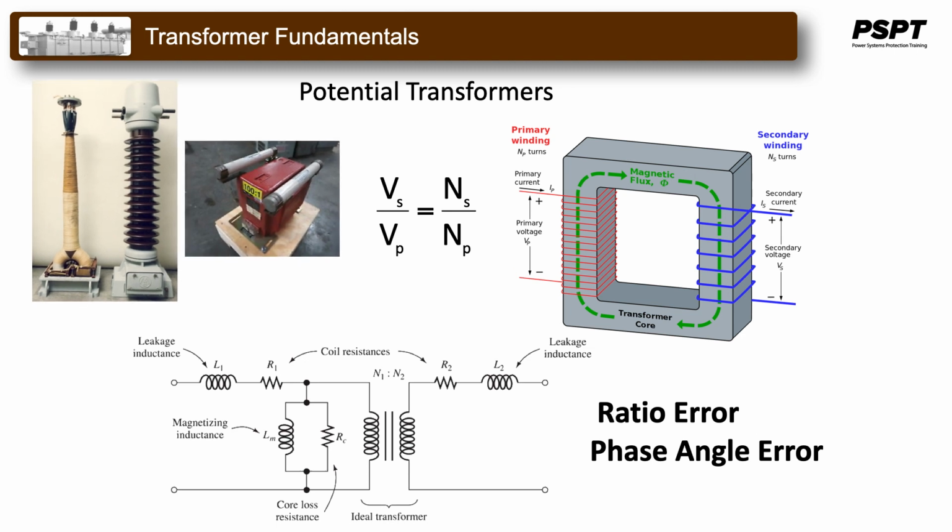The reasons for these ratio and phase angle errors in a potential transformer have already been discussed in previous chapters under real transformer losses, and the reason for and the theory behind the equivalent circuit of a transformer, which also applies to a potential transformer, has also been explained.